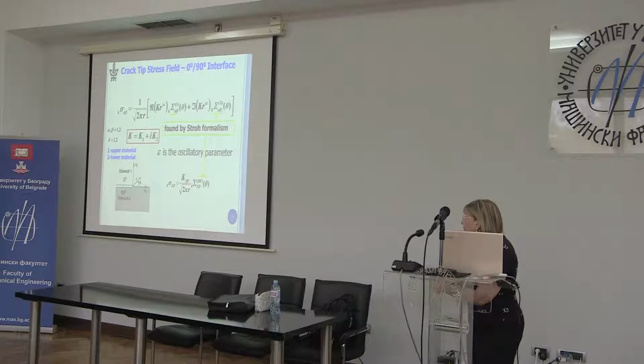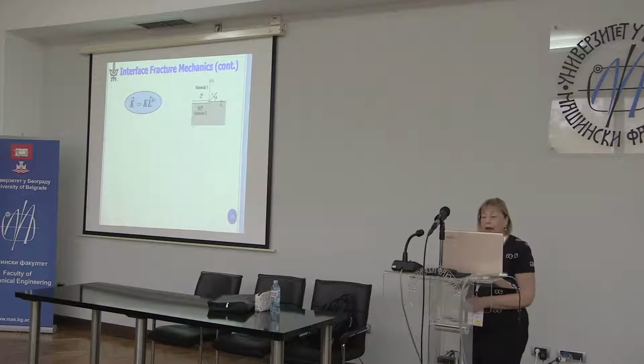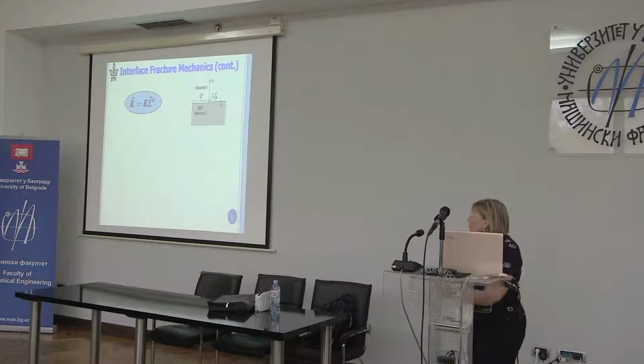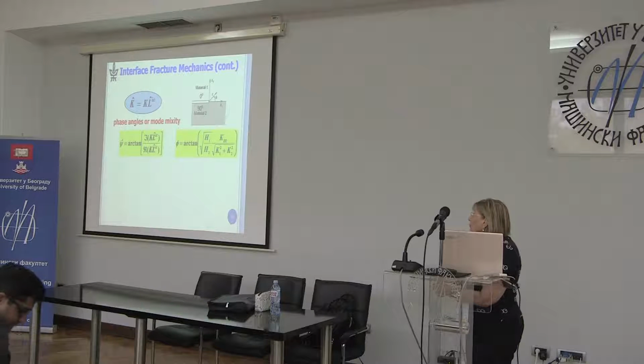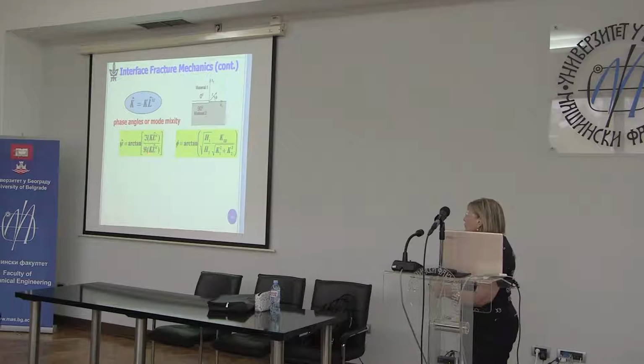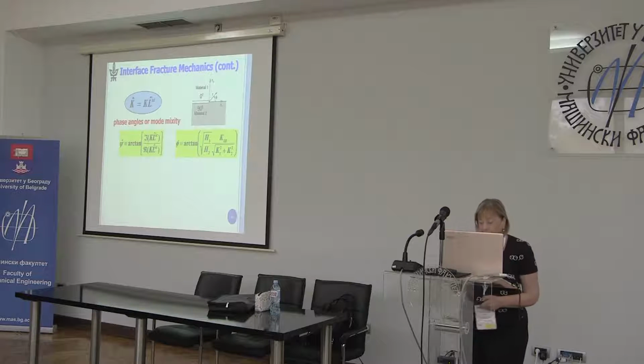We also find this function from the Stroh formalism. And we go ahead in the same way as we went before. We normalize the stress intensity factor with L hat. And now we have two phase angles, or two mode mixities. We have K2 to K1, K2 hat to K1 hat. And now we're comparing K3, this phi, with the sum of the squares of the in-plane stress intensity factors.